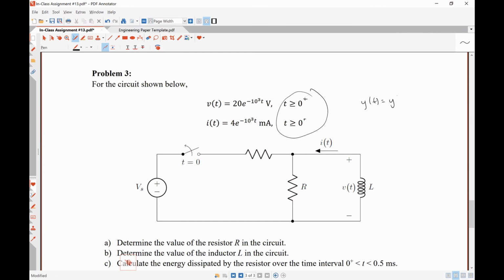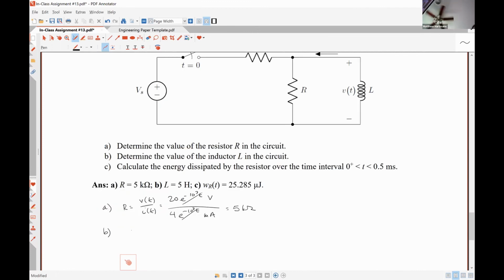So we're going to have y at 0 plus e to the minus, since this is an RL circuit, minus R over L t, for t greater than 0 plus. So I should be able to see that negative R over L times t is this guy right here, right?